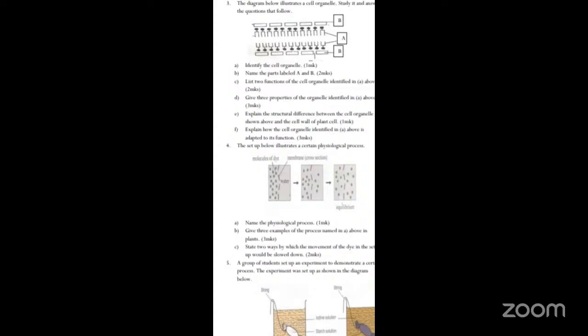So the first role is, anyone? The first role of diffusion, or the first way in which diffusion is useful. Transport of manufactured food. Very good. Transport of manufactured foods from the leaves to all parts of the plant. That is very good. Another answer. We have been asked 3, so we've given 1.